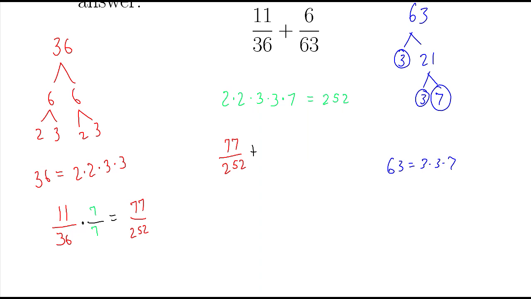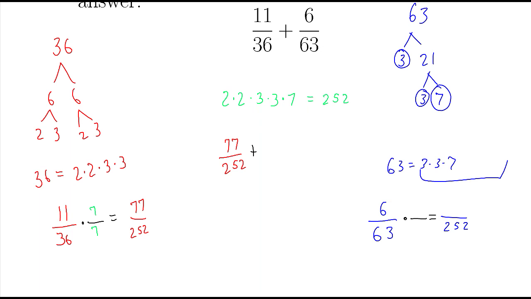Now we need to change 6 over 63. It needs to multiply times something so that I can get 252 in the bottom. That's going to be 4. By the way, if you wanted to figure out exactly how to get that number, just look here.